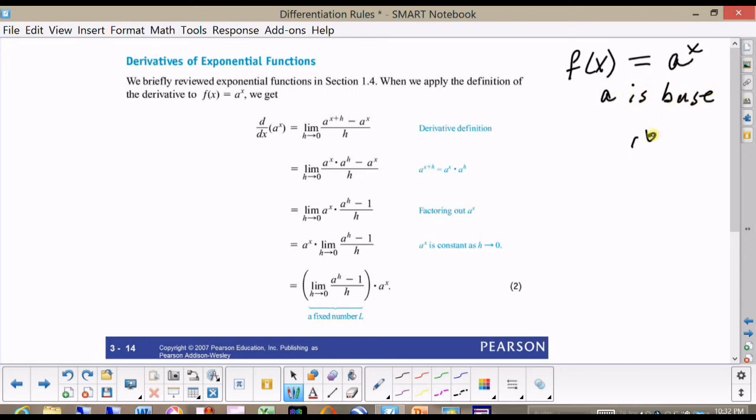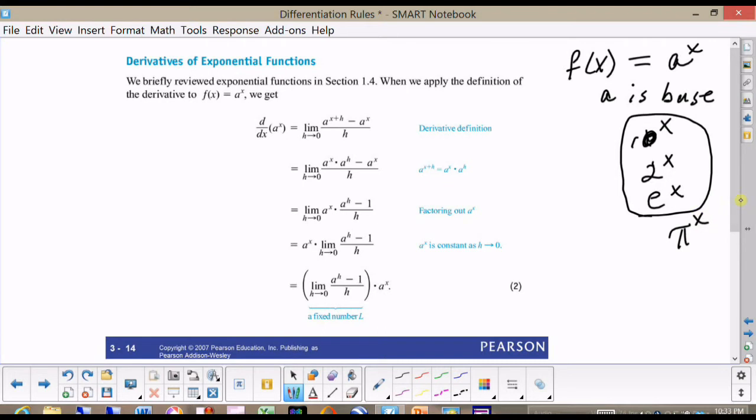Examples are 10 to the x, 2 to the x, e to the x. You can have just about any kind of positive base that you can come up with. You could have pi to the x, where pi is the base.